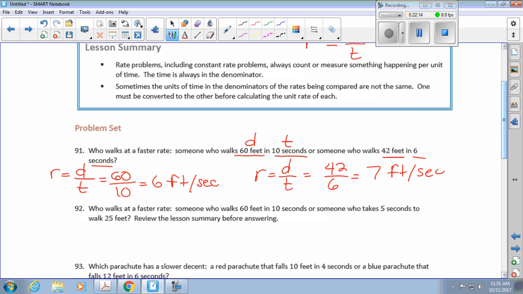So they're going further in the same amount of time. That's faster. Okay? So that would be a faster rate. So you would say the person who walks 42 feet in 6 seconds is faster.